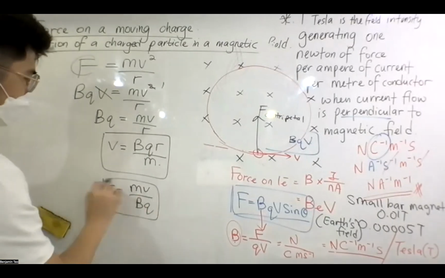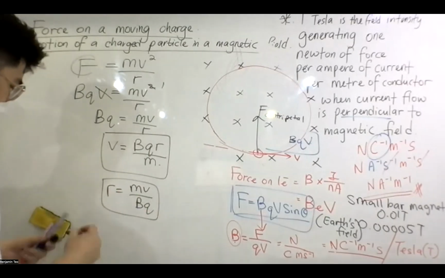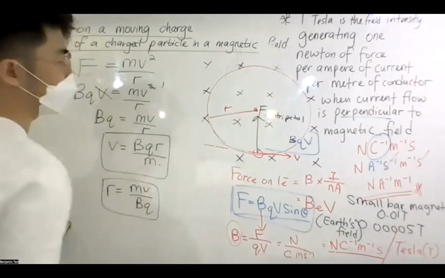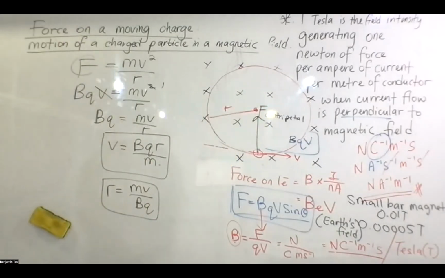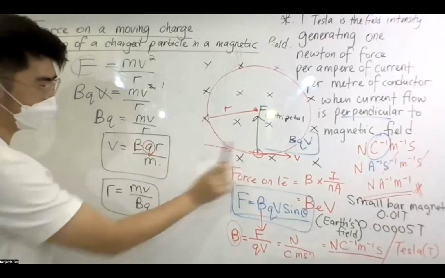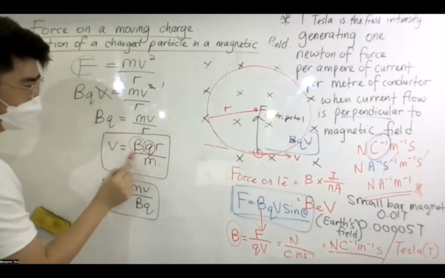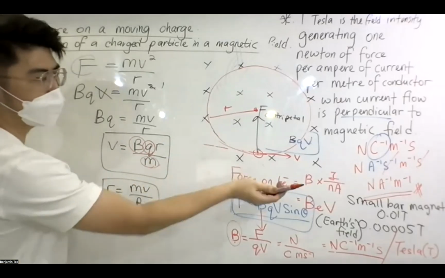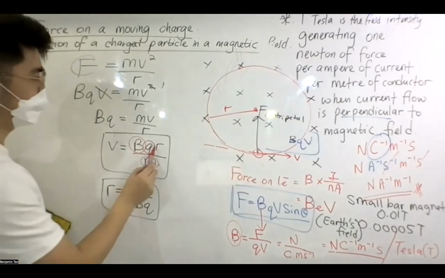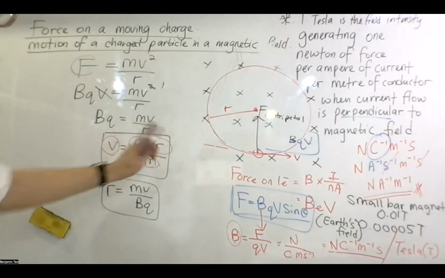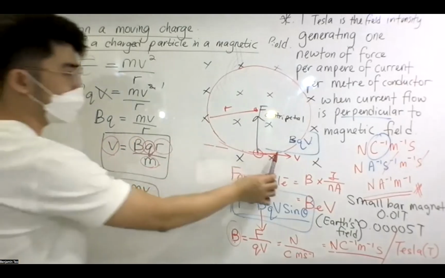You have another one. What is R? The radius of the circular motion. The charge will not change. The field strength also does not change. The mass also does not change. All these are constant. The R and the V, it shows you the relation between the V and the R. This is the linear velocity here.